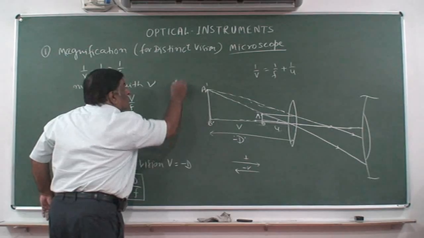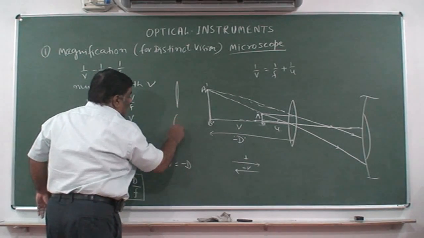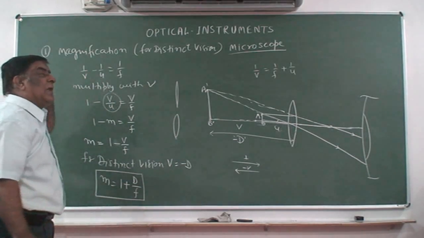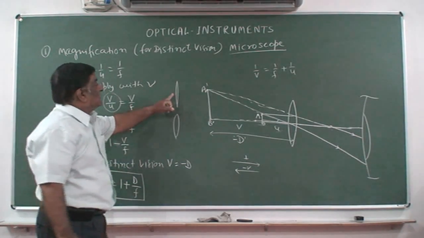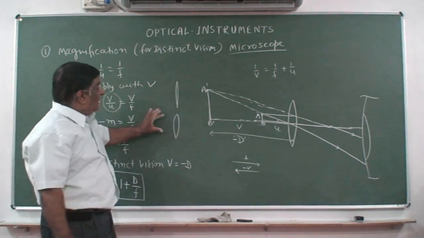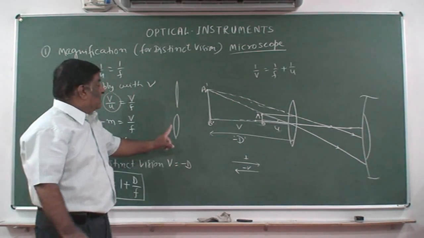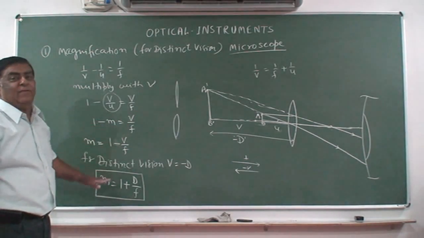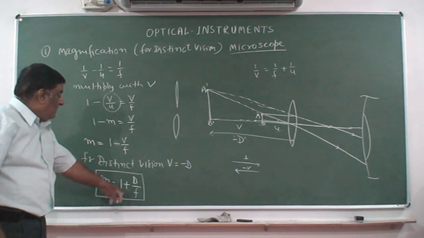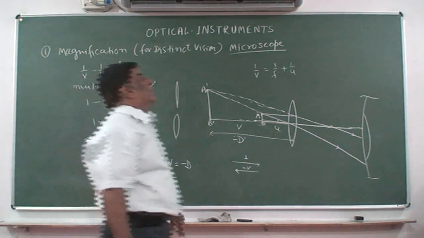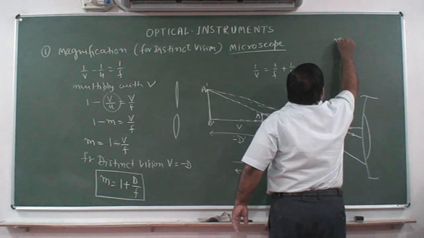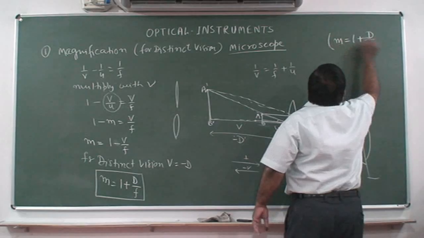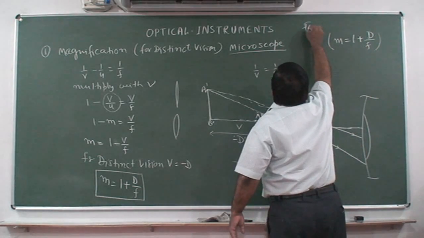Now there are two lenses, one is this and other is this. Here the curvature is more. Now whose focal length is smaller? The answer is it has got a large focal length and it has got a small focal length. It has got a small focal length, so magnifying power will be large. This is magnifying power, relation between magnifying power and focal length. So we will remember this. This is magnification is equal to 1 plus D upon F. And this is for distinct vision.